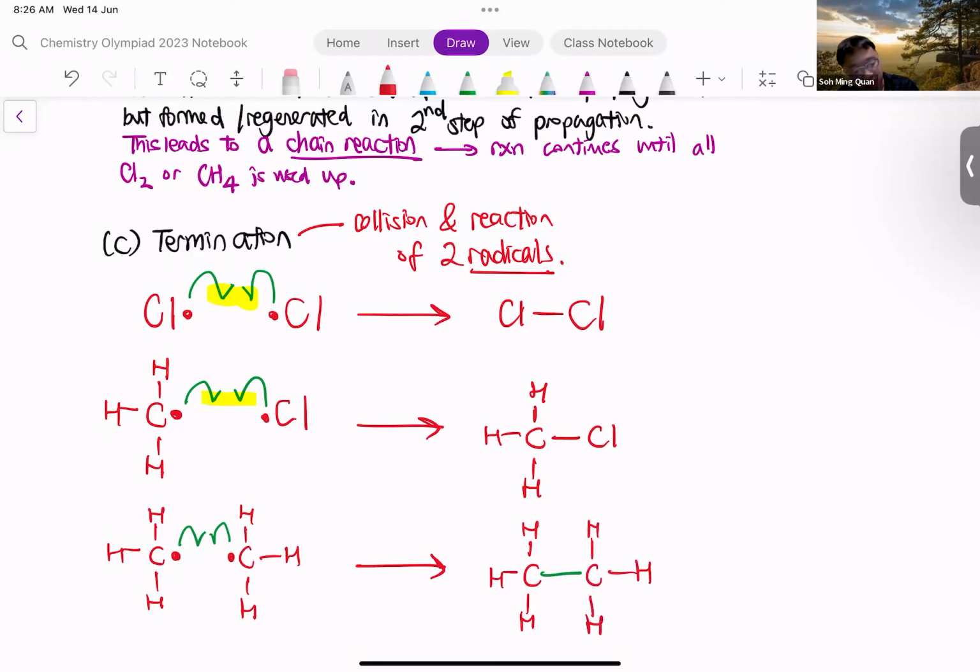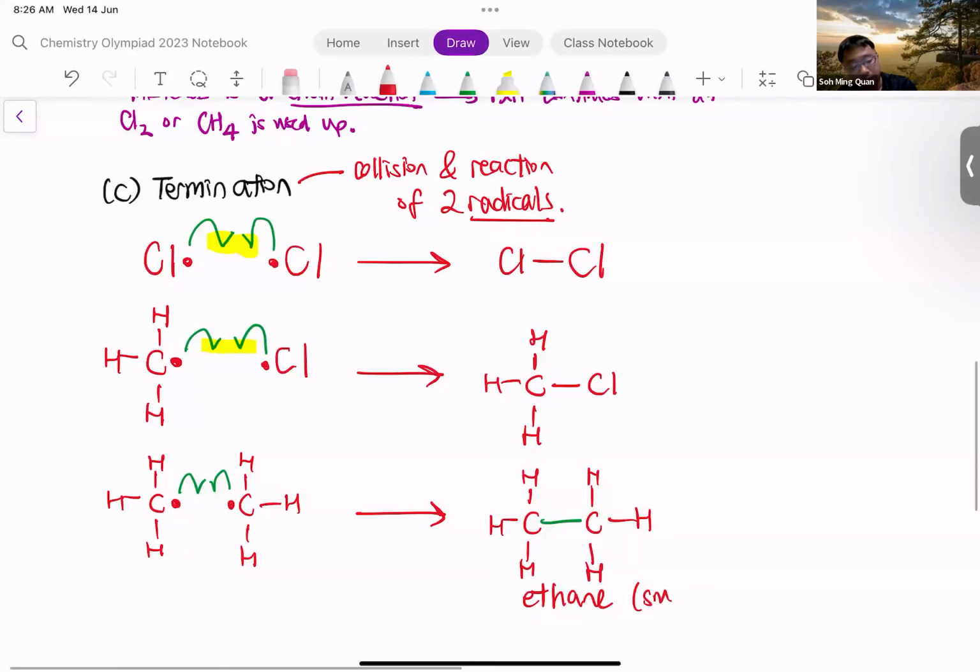So they form ethane. But this is a small amount. So actually the free radical substitution of methane does form a little bit of ethane as a byproduct. A little bit, not a lot, a little bit.